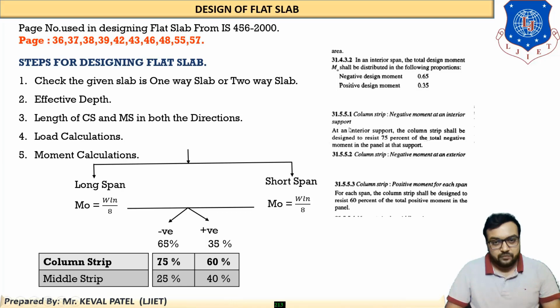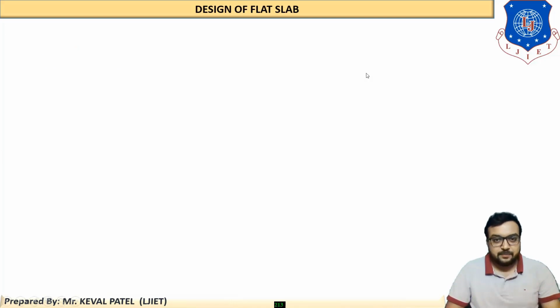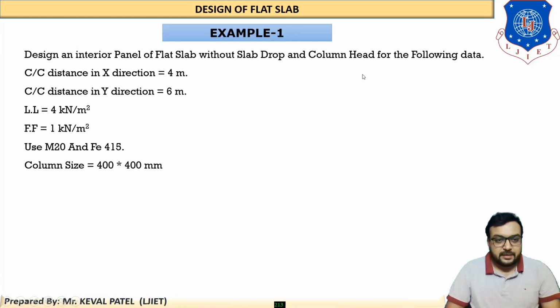So now moving further to our first example. The data of the first example is: design an interior panel. I repeat, students, in your syllabus of flat slab, you have to design only interior panel from the GTU point of view. So design an interior panel of flat slab without slab drop and column head.